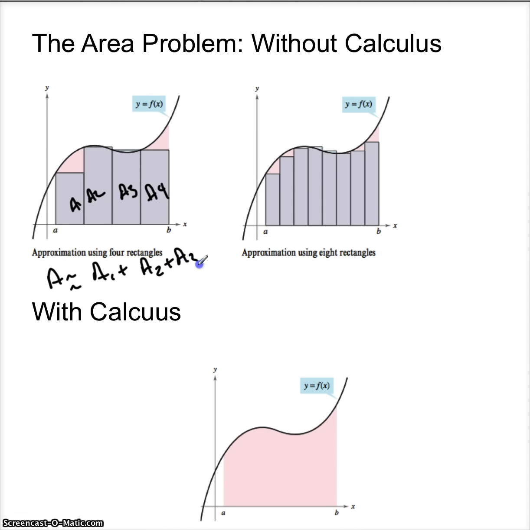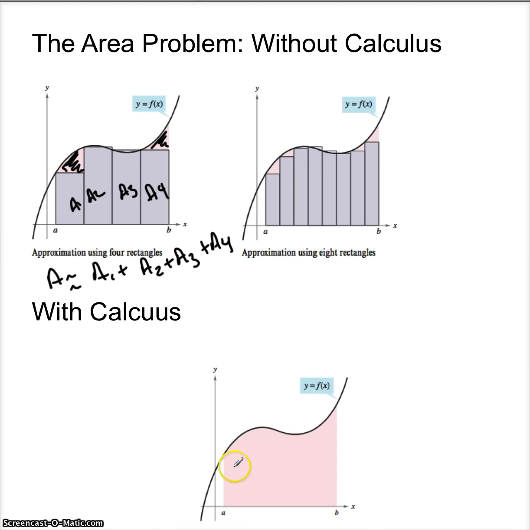You can see that this would actually be an underestimate because you have all of these parts right here that aren't accounted for. And if we take the rectangles and make them smaller, then we do get a better approximation. As a matter of fact, that's what we'll be doing in the second half of class.